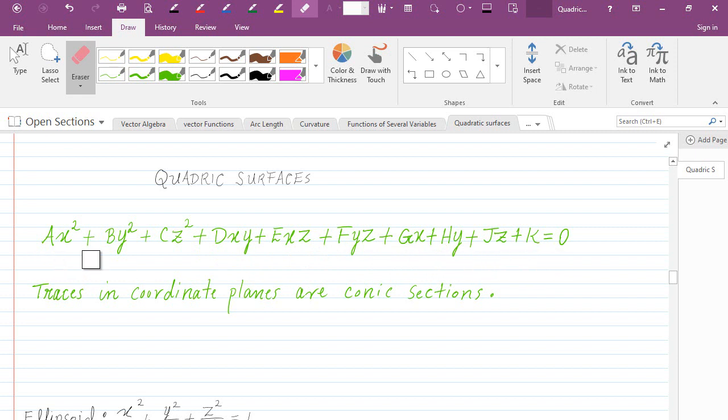Here, of course, a, b, c, d, e, f, g, h, j, and k are constants. The traces of these graphs in the coordinate planes are all conic sections.